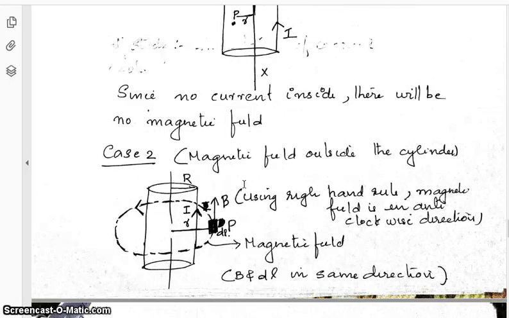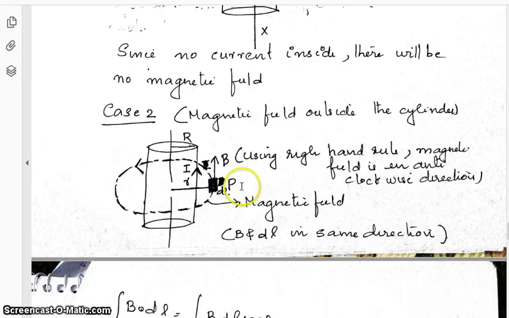That is case 1. In the second case, I am considering a point P outside the hollow cylinder. In this case, the point P will experience a magnetic field because across the surface of the cylinder, a current I is flowing. So due to this surface current, this point P will experience a magnetic field which is shown in this dotted line.